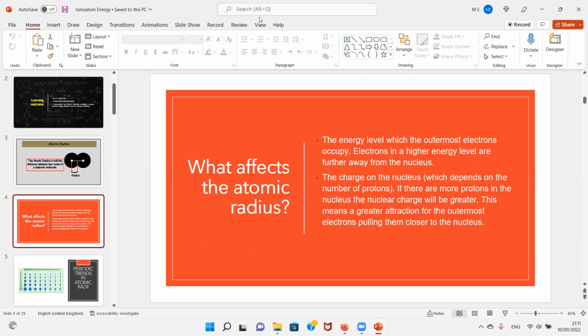Let me draw this for you. Here we have the nucleus, the first shell, second shell, third shell, and here we have 3 electrons. This shell here is called the outermost shell.